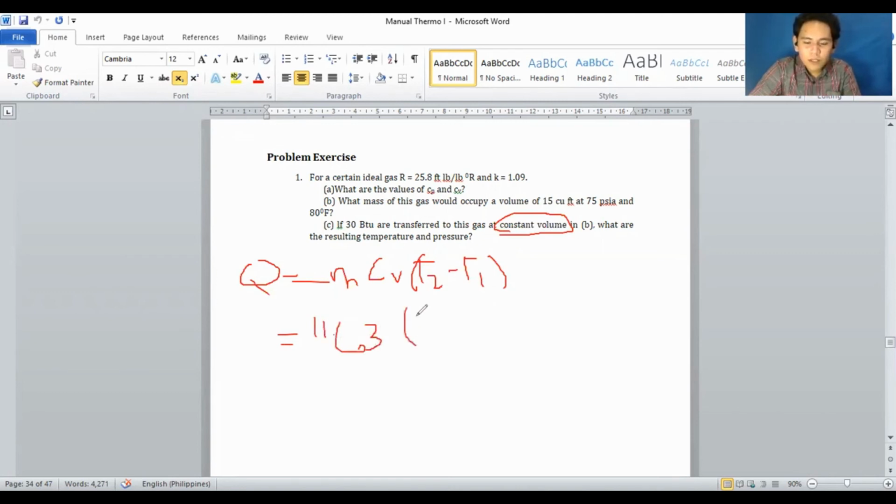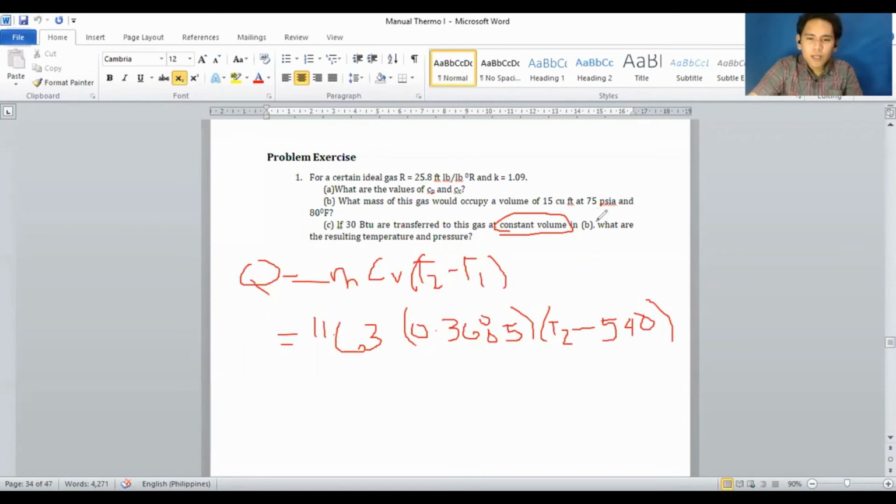Multiply by your CV, which we solved also, so you have to store it, which is 0.3685. Then your temperature T2 is the unknown value, and your initial temperature would be 540, since 80 plus 460 is 540.